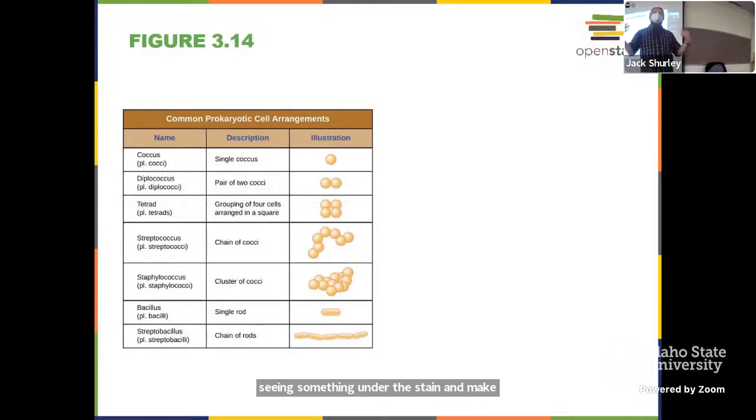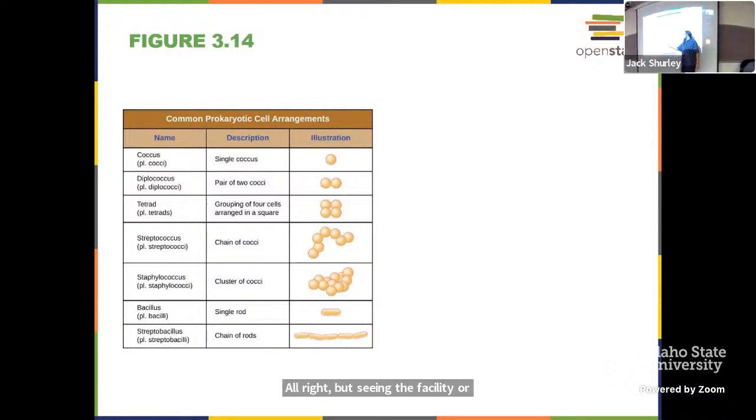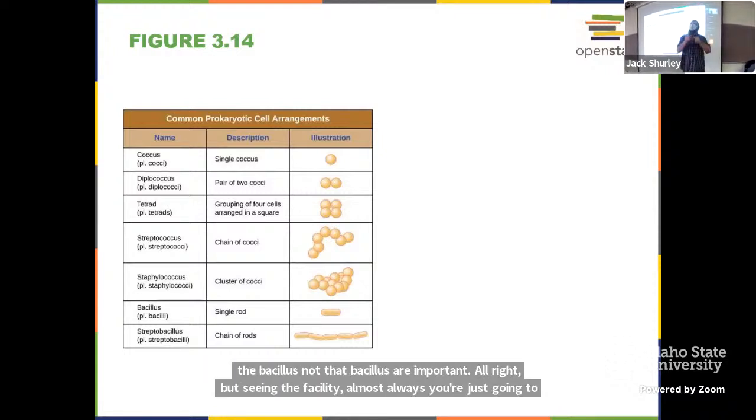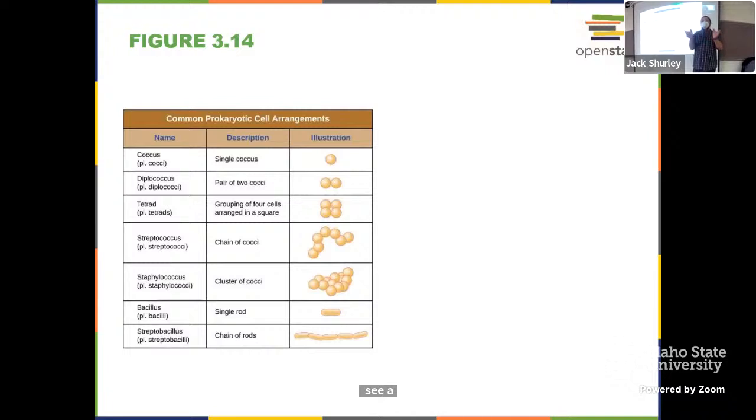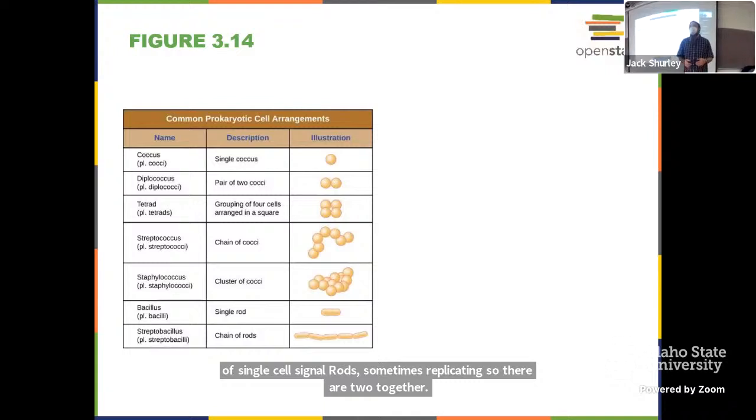Seeing them in tetrads or diplos or chains or clusters is important, all right? Seeing the bacillus, not that bacillus aren't important, all right? But seeing the bacillus, almost always, you're just going to see a bunch of single cells, single rods, sometimes replicating, so they're 2 together. But that's pretty much with most of at least what we look at, that's how they behave.